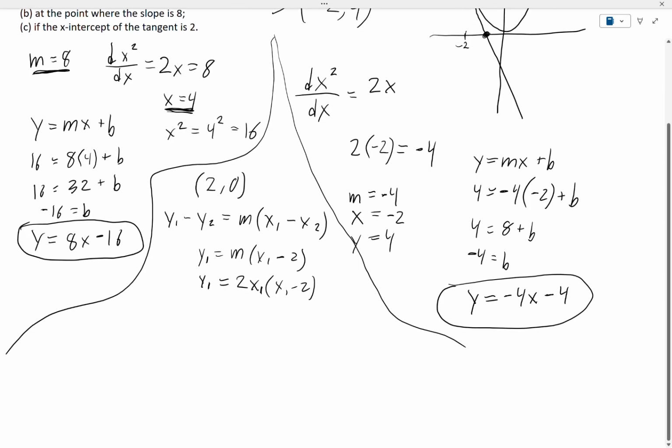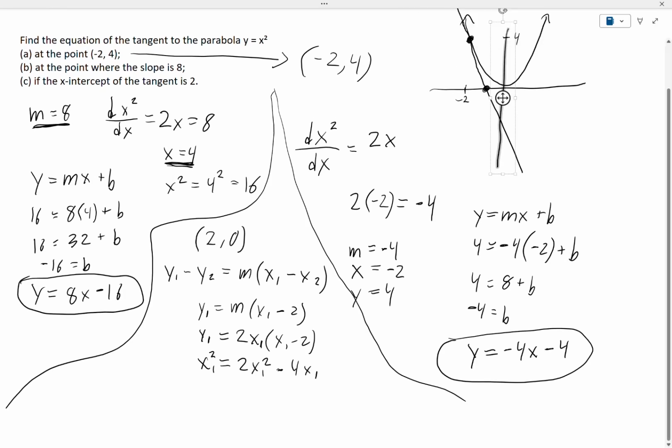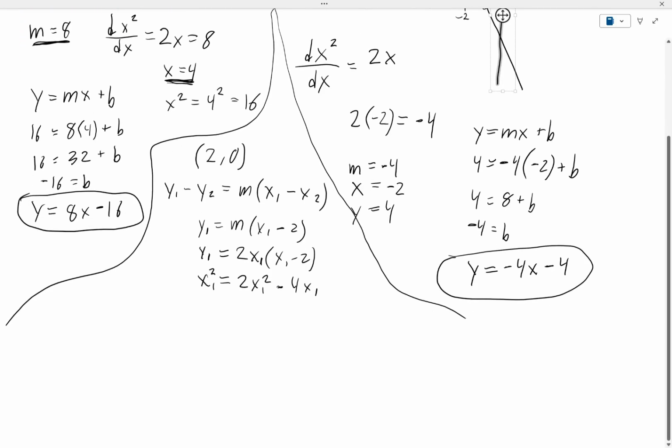Okay, so now I'm just going to distribute on this right side. So y1 is equal to 2x1 squared minus 4x1. And because our curve that we're given is y is equal to x squared, I can say that y1 is equal to x1 squared. So now I'm just going to solve for x1, because then I'll know what this x value is that results in this point wherever it is on the curve.